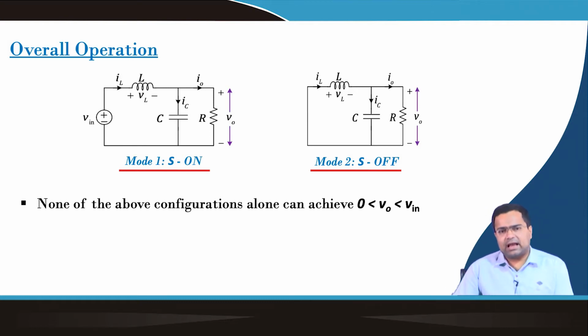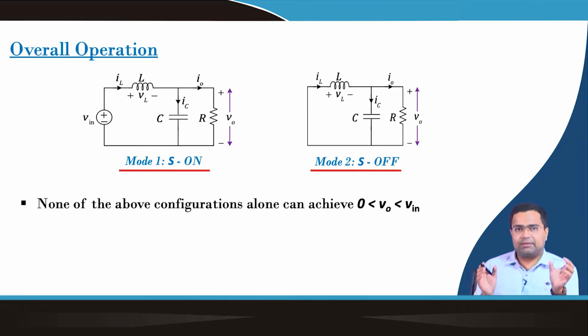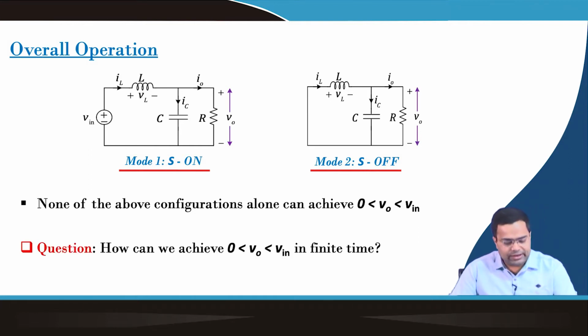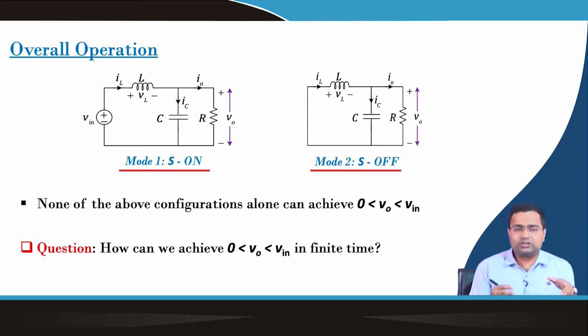So, neither of these two configurations can be used to achieve the output voltage we want, which should be a positive voltage greater than 0 and smaller than the input voltage, because we want to achieve a step down DC-DC converter. So, we need to operate the switches in such a way that we get the desired output voltage, which is smaller than the input voltage.